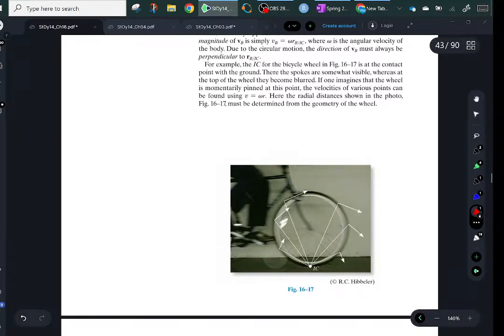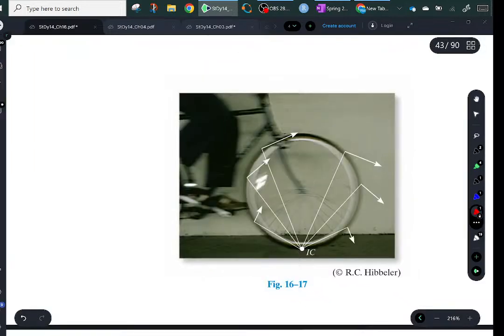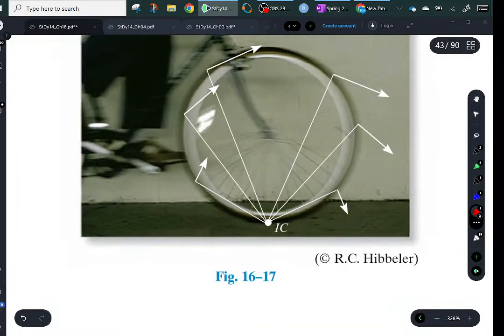If you imagine yourself taking a picture of a bicycle, and of course this guy did, and the frame rate is kind of open, so you see more blur. Up here, it's kind of blurry. If you were able to get really good resolution, you would notice that the wheel is touching the ground.